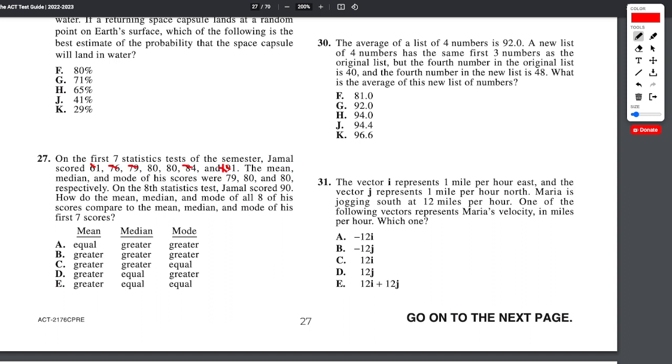These will cancel out. It will still be 80. So that is wrong. That is wrong. That is wrong. The median will be equal. What about the mode? Mode is just what number occurs the most, and 80 will still occur the most. So the mode will be equal. So 27 is E. Alright.